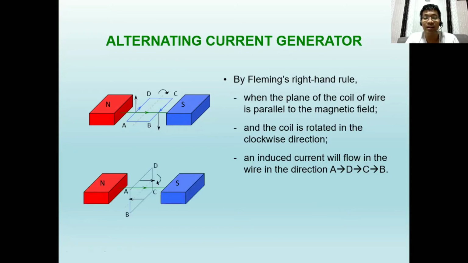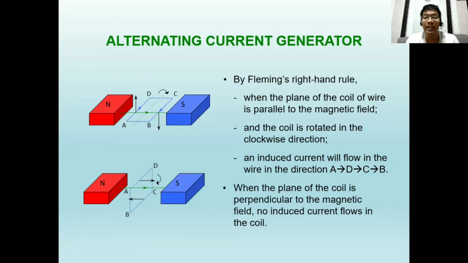You would see later that as the coil is rotating clockwise, we will reach this position wherein the plane of the coil is perpendicular to the magnetic field. At kapag nasa position tayo na perpendicular to the magnetic field, there will be no induced current.